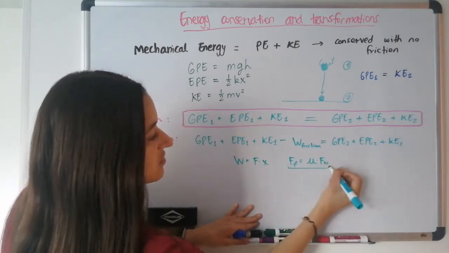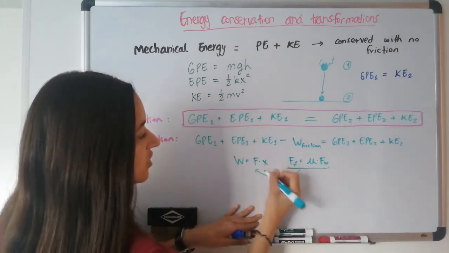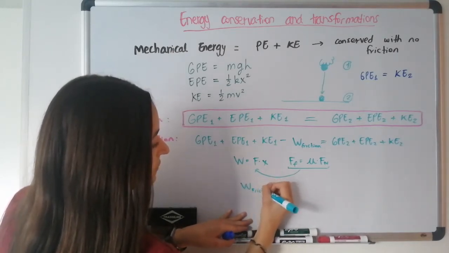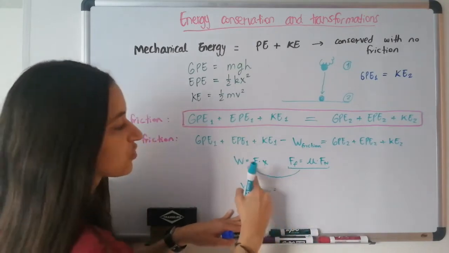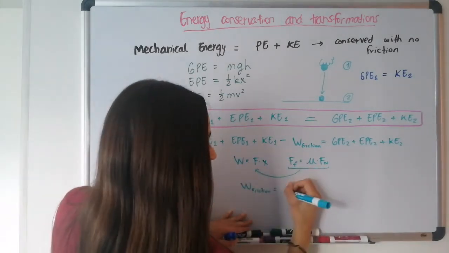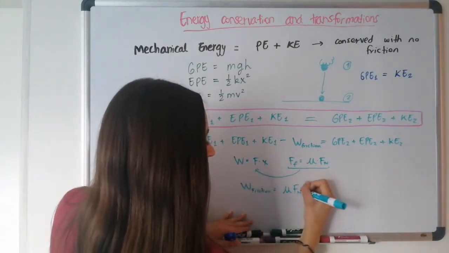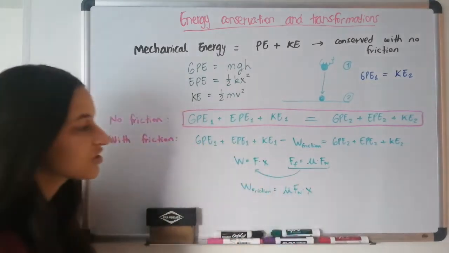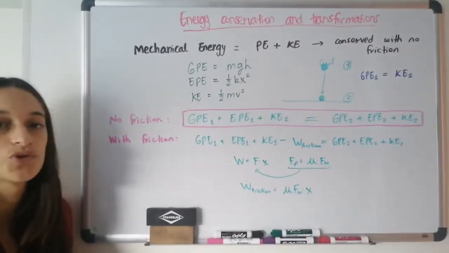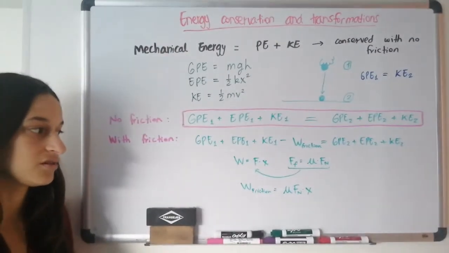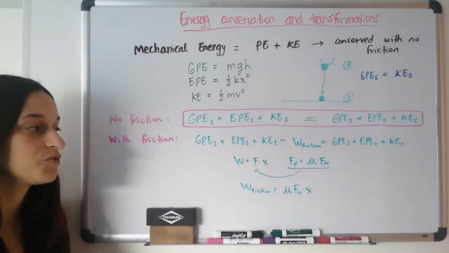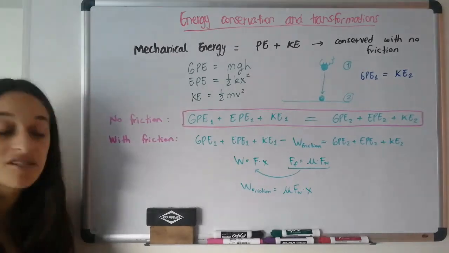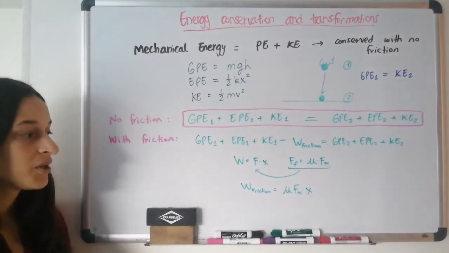So we can put this inside our equation for work and get the following. Work due to friction is equal to this force, mu times normal force, times x. So the work due to friction is going to be equal to the coefficient of kinetic friction, because it's moving, times the normal force of the object, times the distance that it travels through.